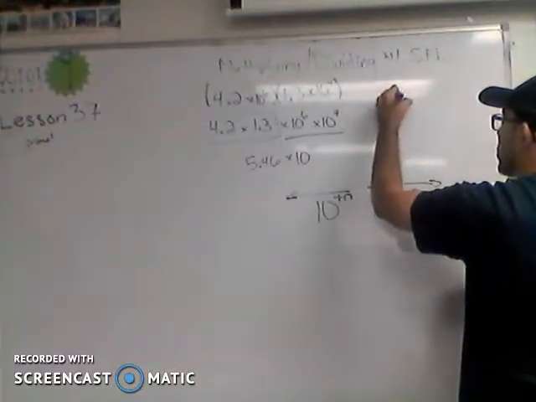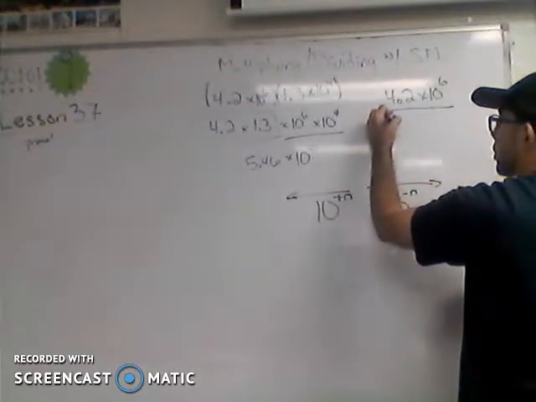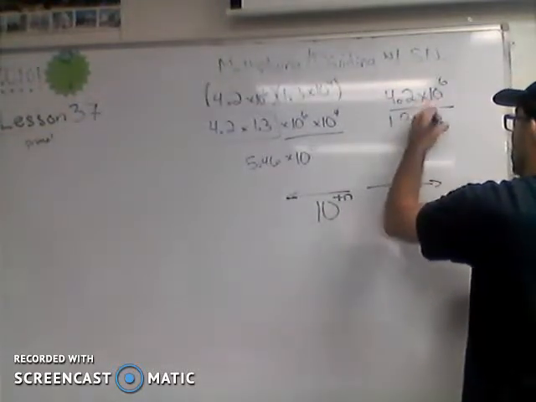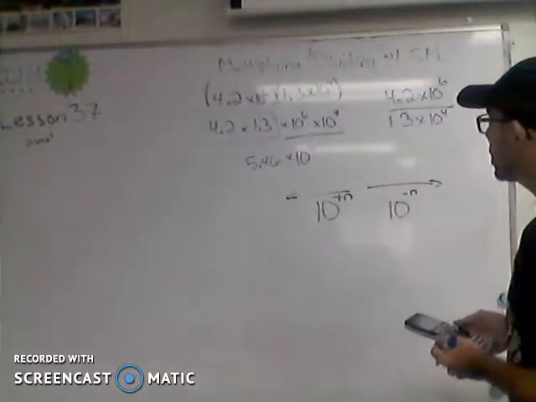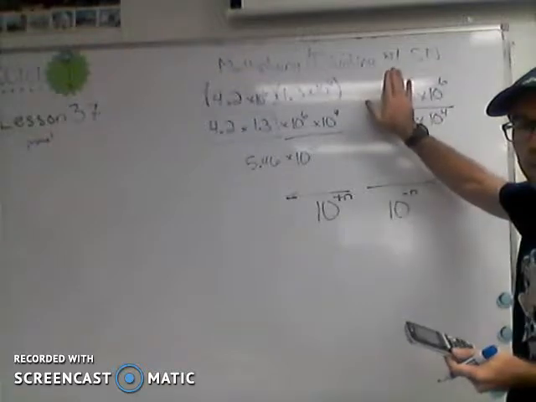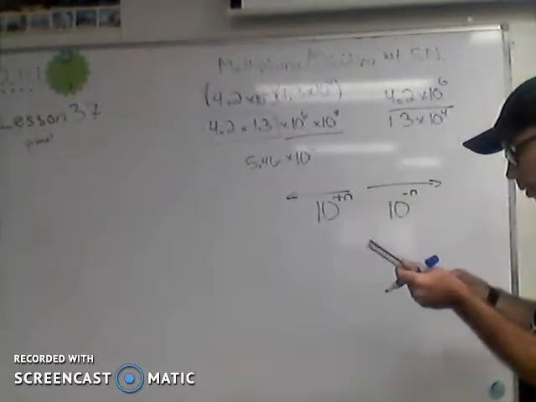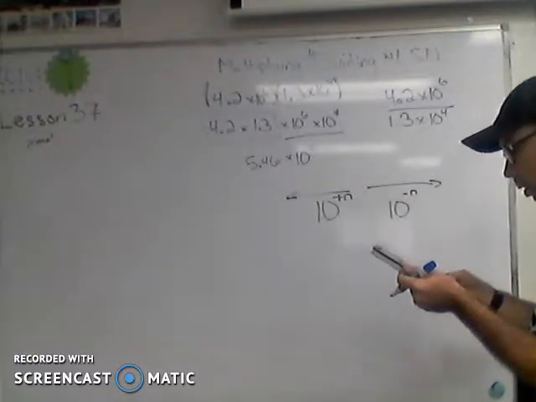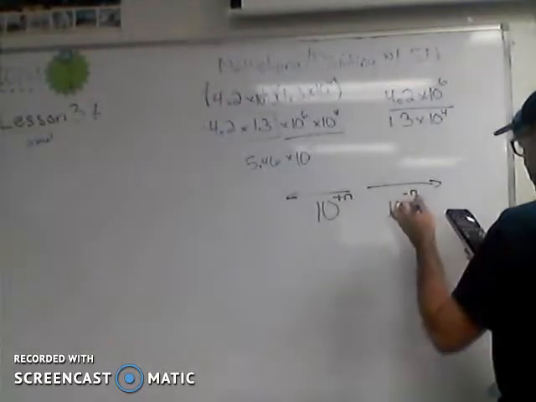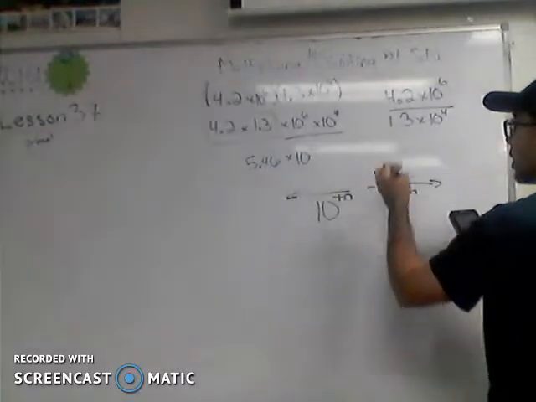Let me take these two numbers. Do division. Same thing. Everything's, this is a division problem, and that's a division problem. So let's take this division problem first and just do 4.2 divided by 1.3, and I get 3.23 and a bunch of decimal places there.